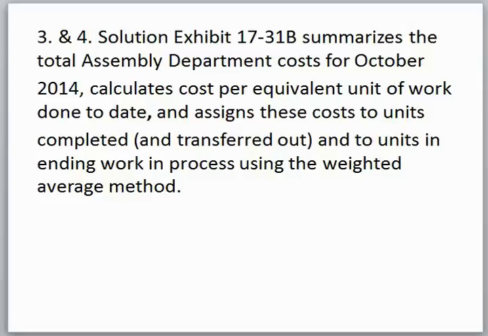Exhibit 17-3B will summarize the total assembly department costs for October 2014, calculate the cost per equivalent unit of work done to date, and assign these costs to units completed and transferred out and to units in ending work in process using the weighted average.